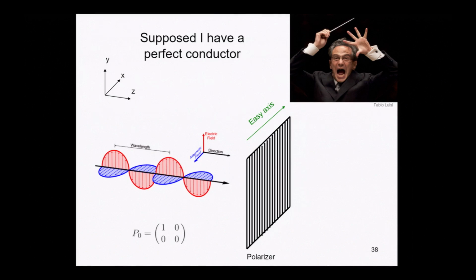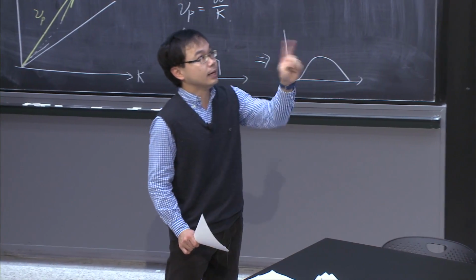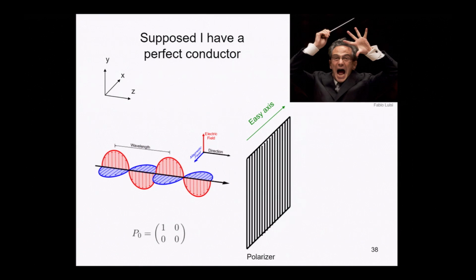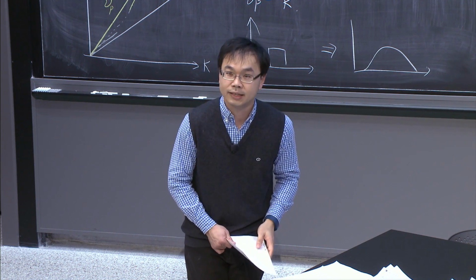Easy axis means that if you have an electric field parallel to the easy axis, since that's an easy axis, it's supposed to be easy, therefore this electric field is going to pass through the polarizer. On the other hand, if the electric field is perpendicular to the direction of the easy axis, that means it's taking the perfect conductor the hard way.